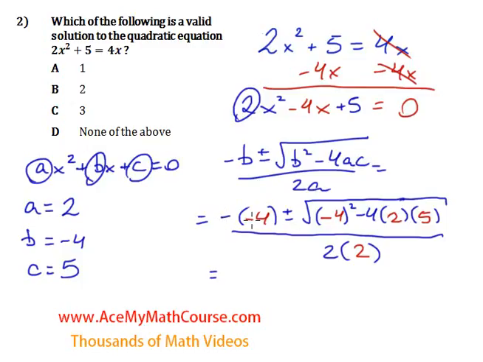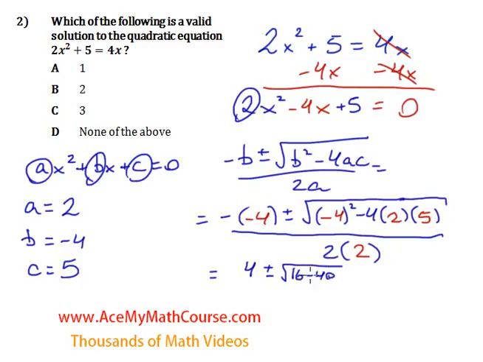Negative negative makes a positive, so we have positive 4 plus or minus the square root of negative 4 squared. Now that makes it positive 16, because a negative number that is squared is just positive. 2 times 5 is 10. 10 times 4, 40.